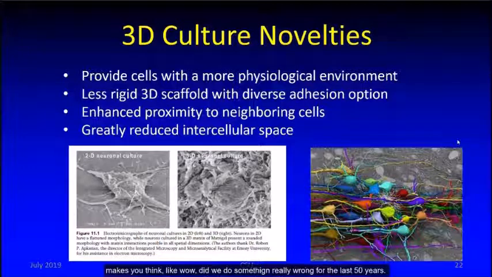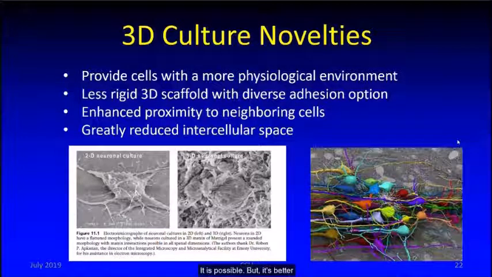Which obviously makes you think, wow, did we do something really wrong for the last 50 years? It is possible. But it's better to learn something at one point than just keep ignoring it. So these 3D scaffolds provide way more adhesive contacts, a higher cell density, a higher density among the processes.